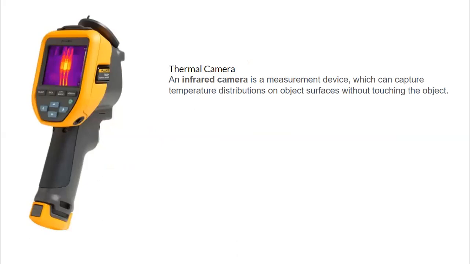So it is like a camera, look at this camera, okay, this is a flip camera, and you see that on this camera you have captured an image, wherein this image would show you the different temperatures of not a single spot, but of the entire surface which is being captured by this camera.